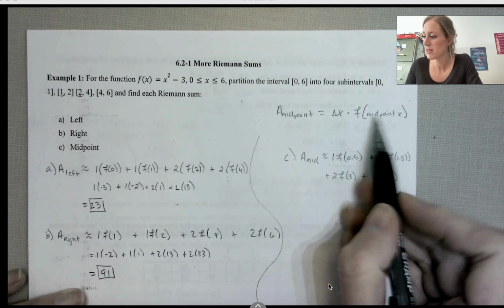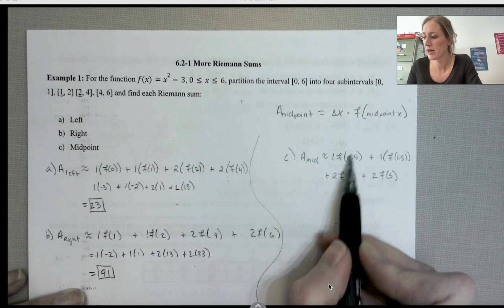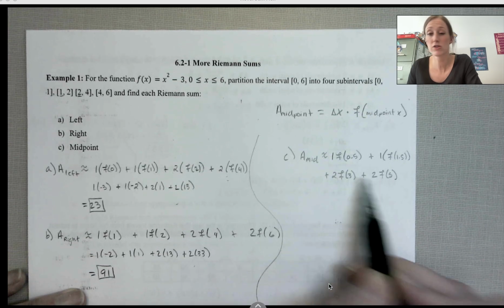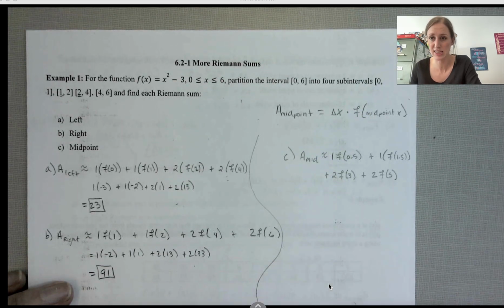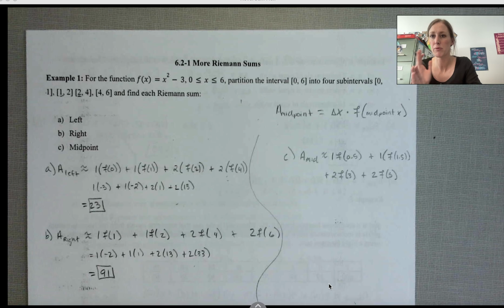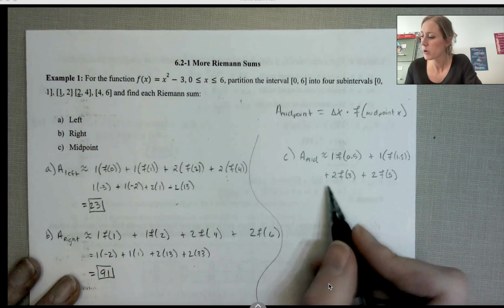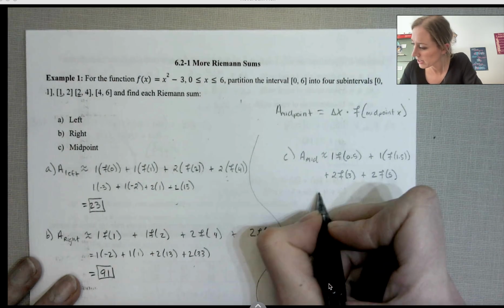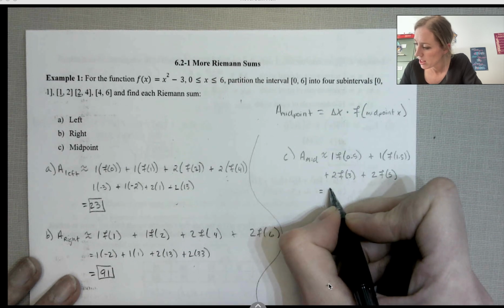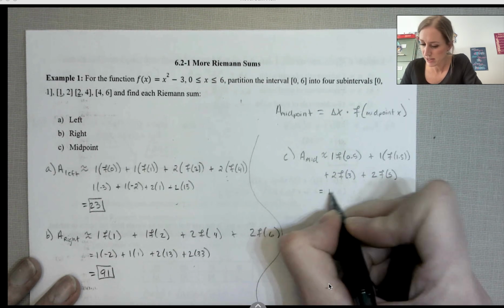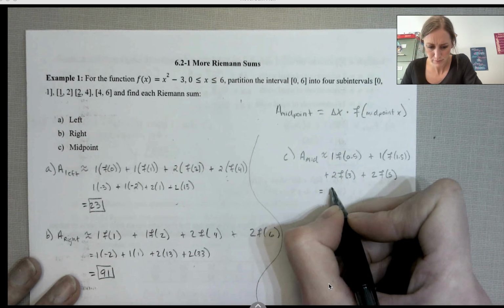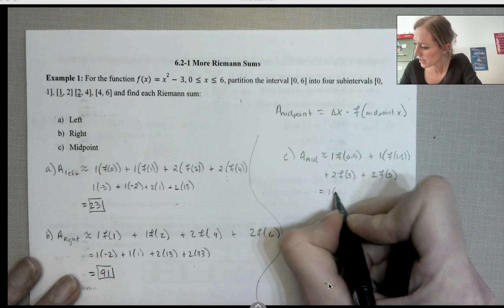So this is what we mean by the midpoint x. It's the midpoint of that particular interval. And again, we're still finding the y value that goes with it to get the height, but we're not using the left or right, we're using the middle value. I went ahead and did some calculations here. F of 0.5 is negative 2.75.